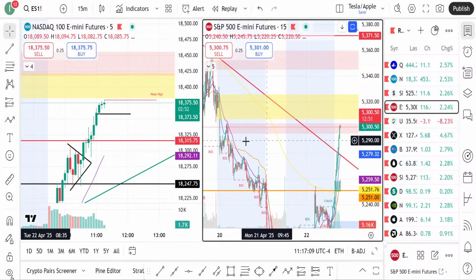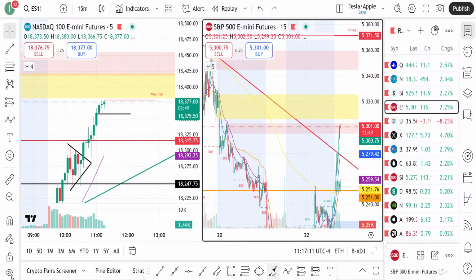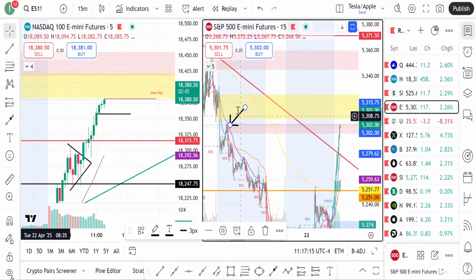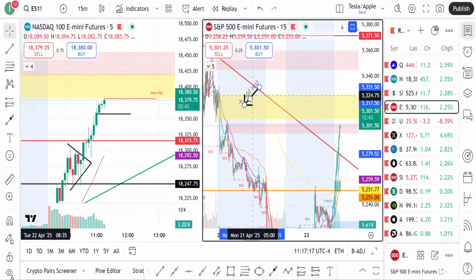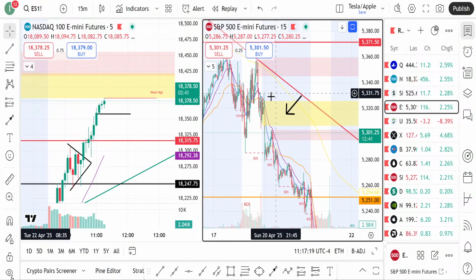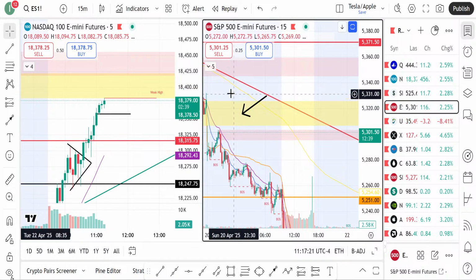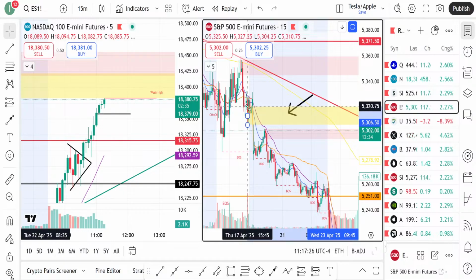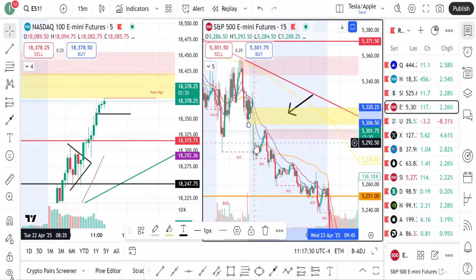This red zone that you're seeing here is a supply zone. And this yellow zone is a gap on the chart. This came from a previous session close to an open.